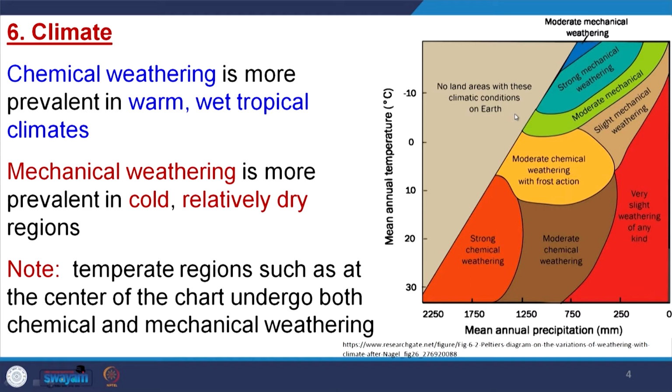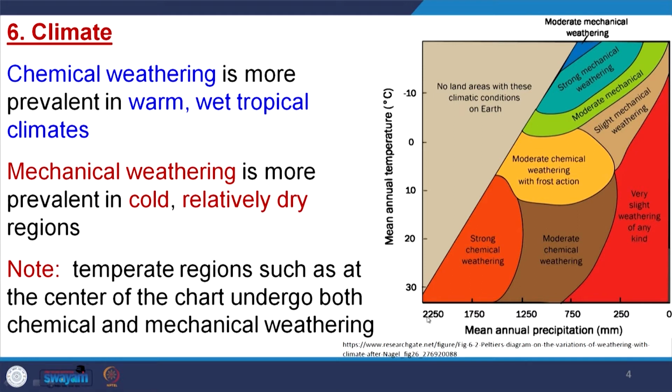However, if you see here, different colors are assigned to define different climatic conditions. Here rainfall is 0 to 250 mm and mean annual temperature is 20 to 30 degrees. You see very slight weathering of any kind, because there is low rainfall and only a temperature of 20 to 30 degrees, that means near room temperature. So, there will be no weathering.